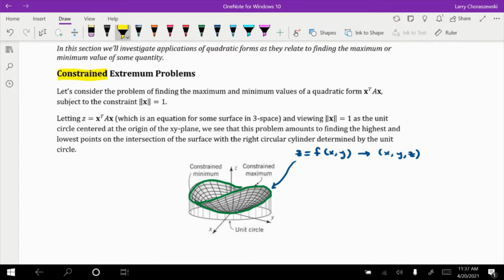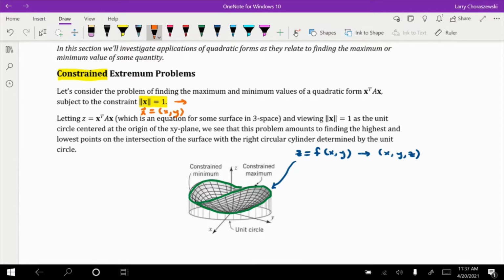And in this section, the constraint is going to be right here, that the norm of a vector x is equal to 1. Now, if we assume the Euclidean dot product to say that the norm of a vector x is equal to 1, let's assume that x comes from the plane, so it has the components x comma y.